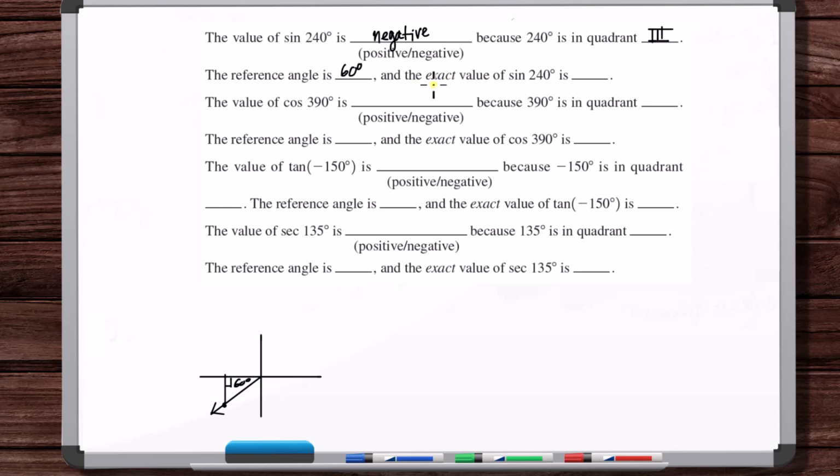I'll explain exactly what they mean by that in the next section, but right now we can only calculate the value of the sine of an angle where either the angle itself or the reference angle is 30, 60, or 45, unless we have the side lengths. But we don't have the side lengths. So how do we do this for a reference angle? We do it because we know the side lengths of a base right triangle for 30, 60, and 45 degrees. So let's draw these triangles down here, and I'll leave them for this entire video.